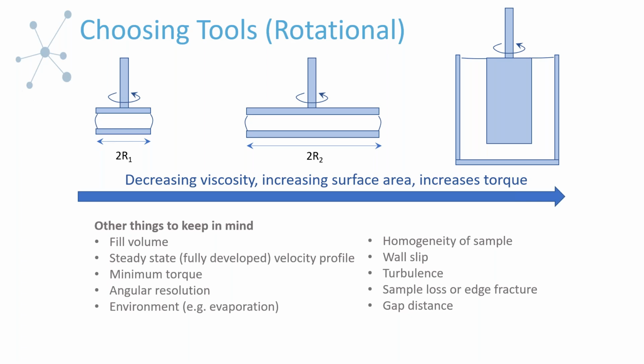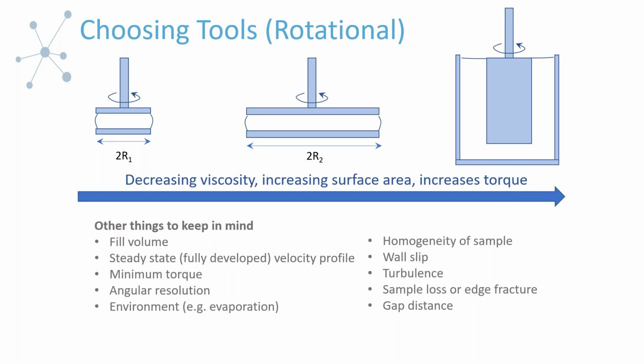You want to make sure you're operating within the bounds of the instrument. It's easy not to overload or over torque, because the instrument will stop you, since it doesn't want to damage itself. But it's a little more challenging to make sure that you're working above the minimum torque, and then also above the minimum angular resolution, because it's still going to do the experiment.